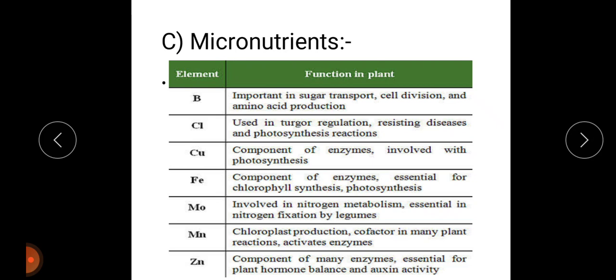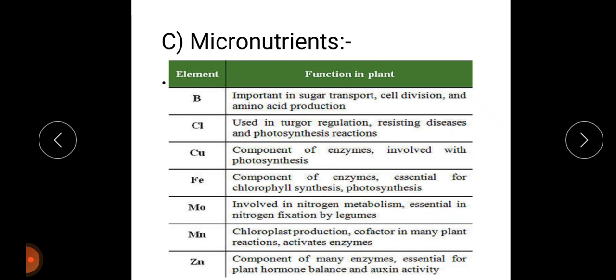After that, molybdenum is involved in nitrogen metabolism and is essential in nitrogen fixation by legumes. So this is also a very important role of molybdenum, to increase the availability of nitrogen.